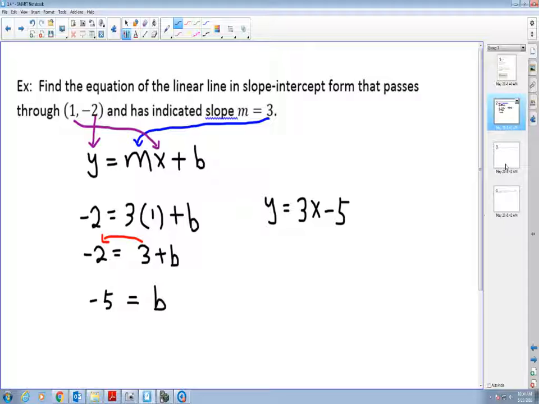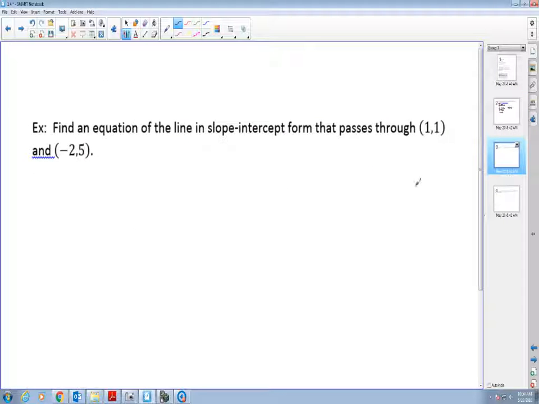Alright, what happens if I want to find the equation of the line that passes through two points? We can use the slope formula to help find the slope first. Then we can write out the equation. So I'm just going to say 1, 1 is my first point, and -2, 5 is my second point.